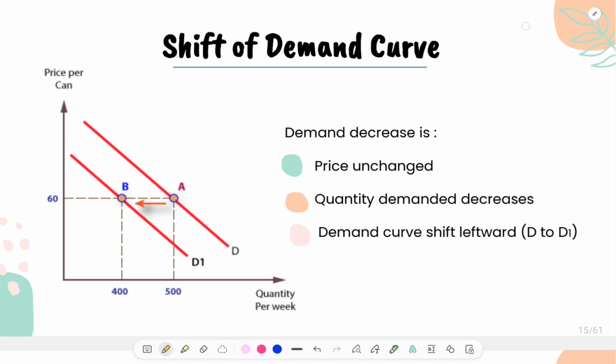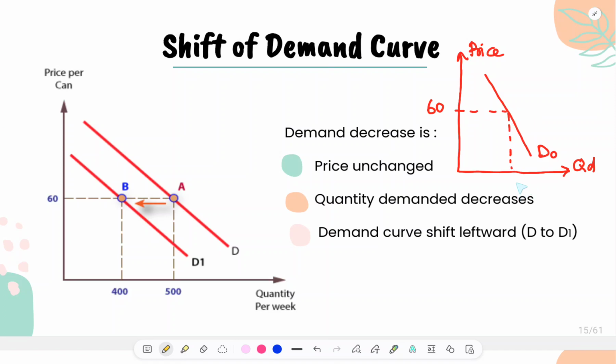If we draw it manually, the y-axis is price and the x-axis is quantity demanded. So this is our original demand curve, D0. At 60 ringgit, the quantity demanded is 500 units.